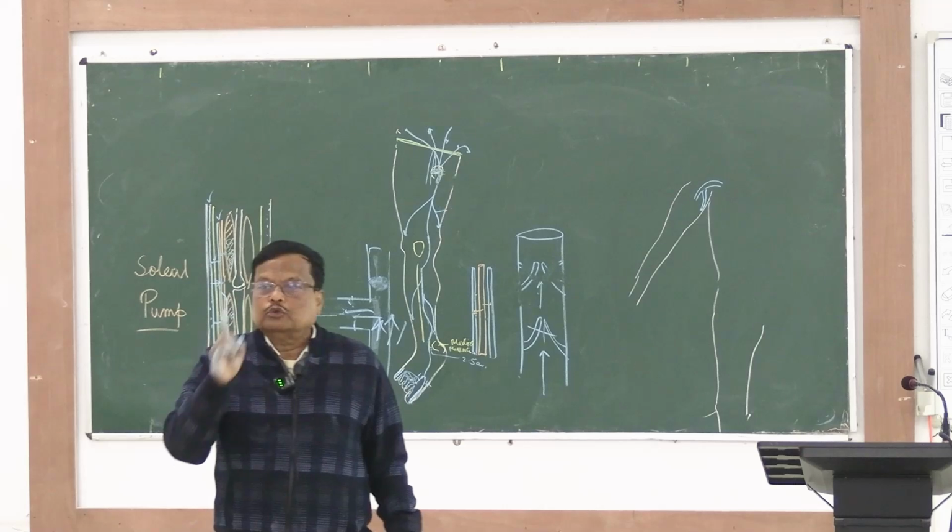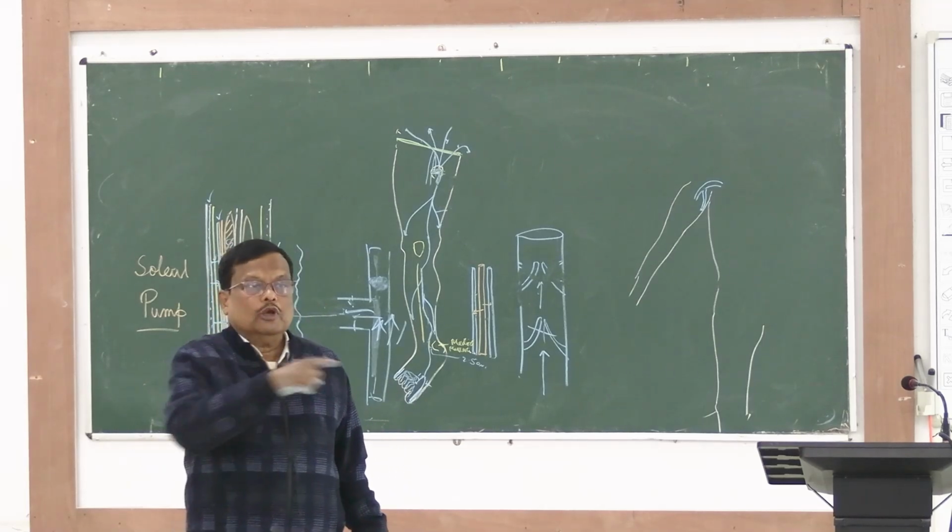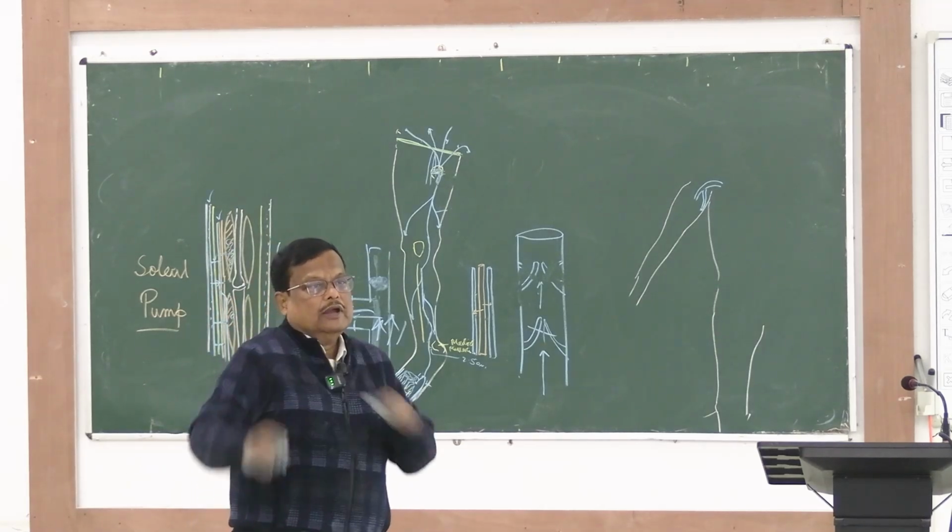So lateral thoracic vein is a tributary of the axillary vein here, superior extremity.